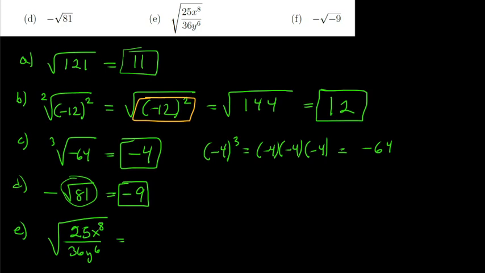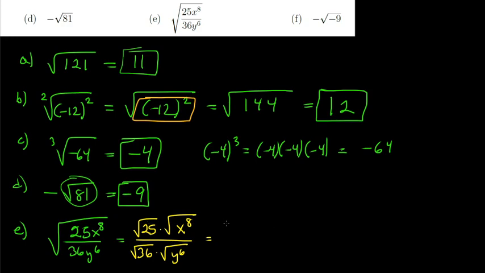Now, since we're assuming x and y are positive here, we can split all this up. And by now, we can do it all at once, right? We have the square root of 25 times the square root of x to the 8 all over the square root of 36 times the square root of y to the 6. And I can do that because I'm just multiplying and dividing, right? I'm not adding or subtracting here, right?